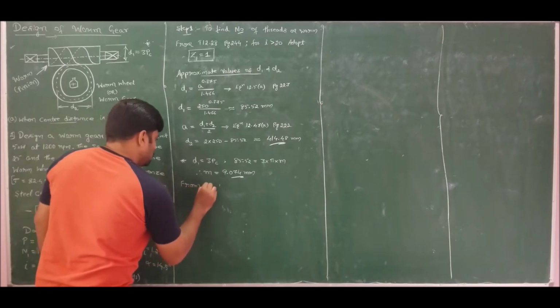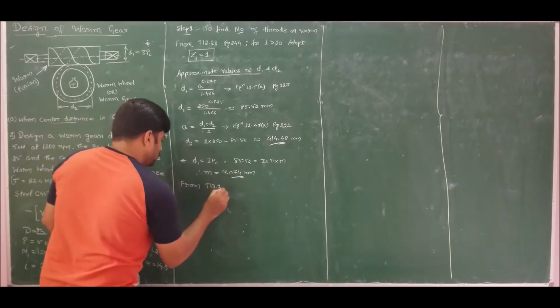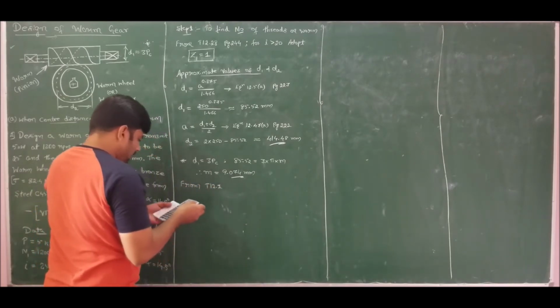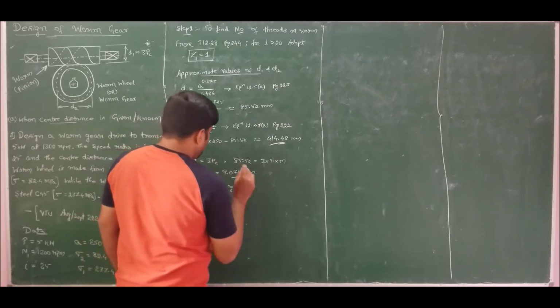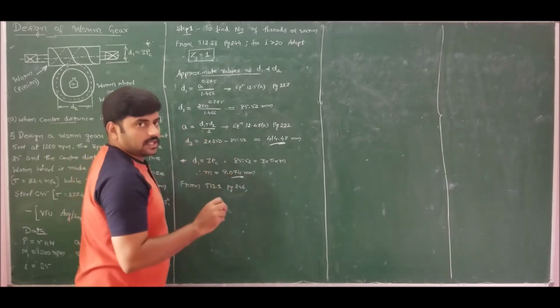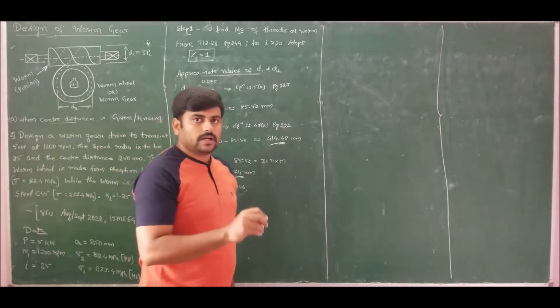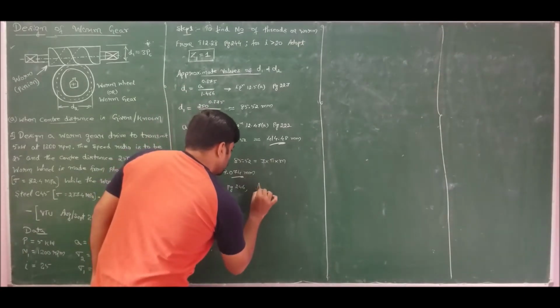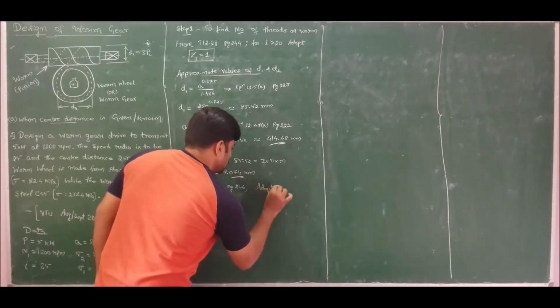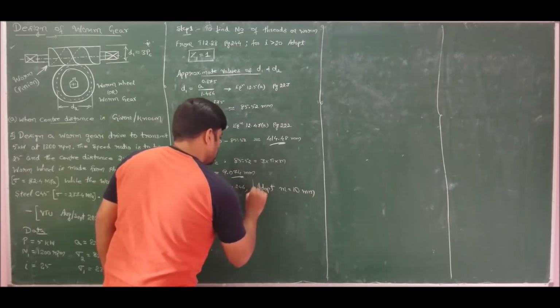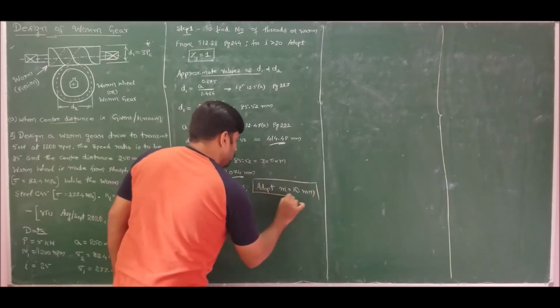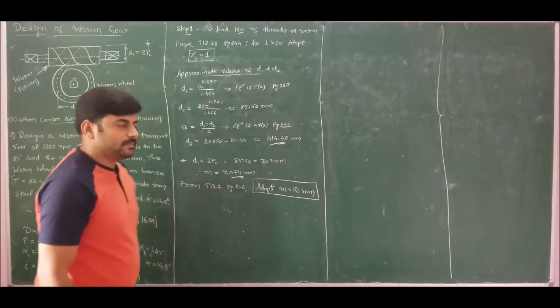From table 12.2 of our design data handbook, referring to page 246, the standard module with preference 1 is 8. After 8 we have 10. So adopt module as 10. The module for this problem is turning out to be 10 millimeters.